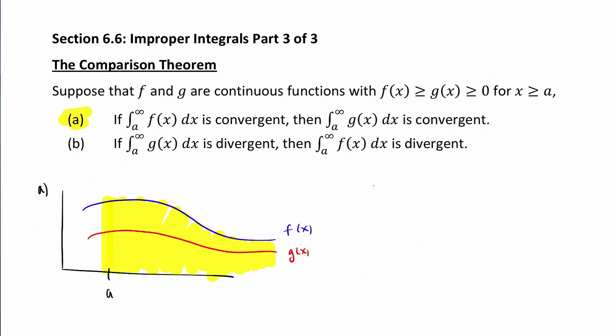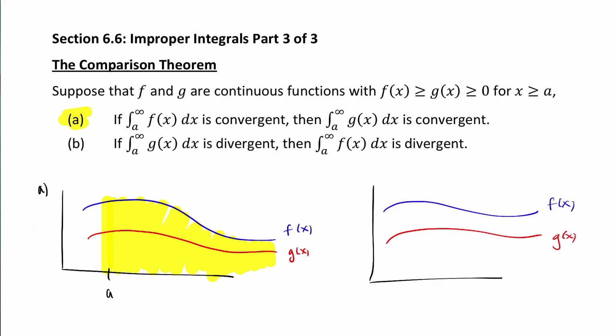If we do the same for part B, again here we have the function f of x, still larger than g of x, and then we have g of x right here. We still have a here, and this corresponds to part B. Then think of what part B says.